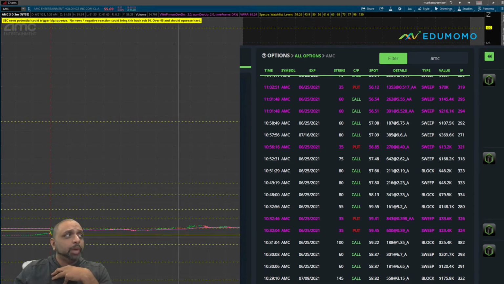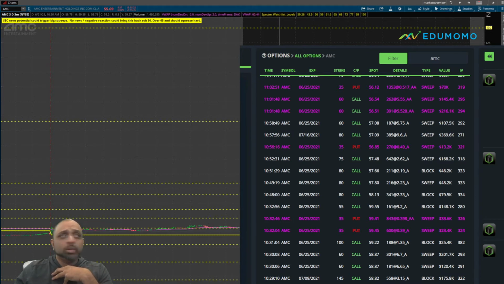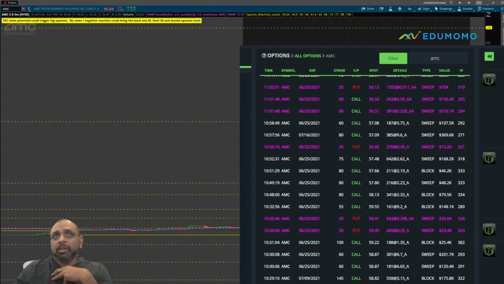So anybody who bought overnight or in pre-market is now upside down. And once that broke, it slammed right into the 56 level, right? And right here is where the 35 puts were bought. And then they bought more puts right here, and a little bit more into 11 o'clock. They're basically saying, hey, we're expecting some downside.